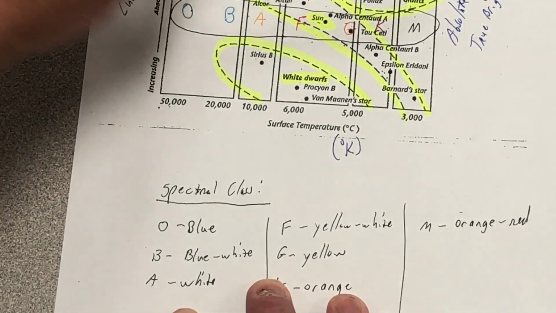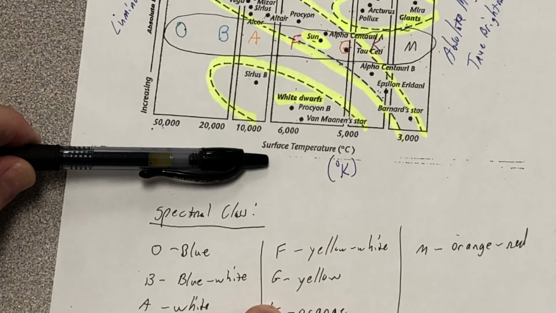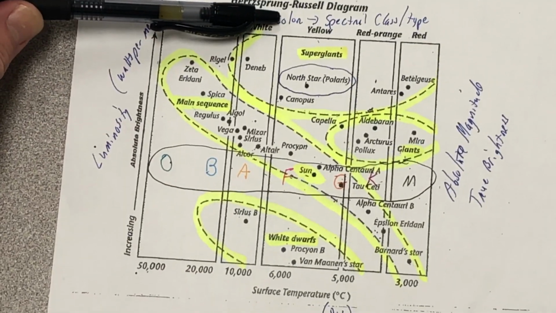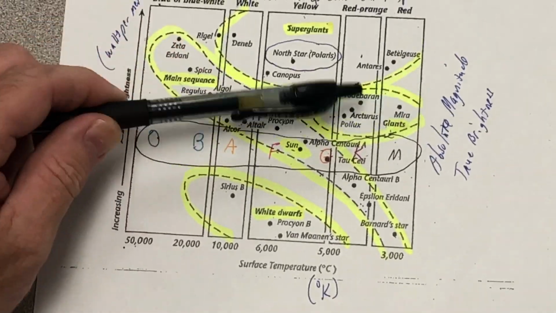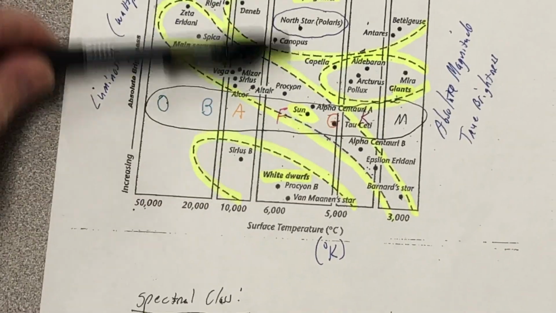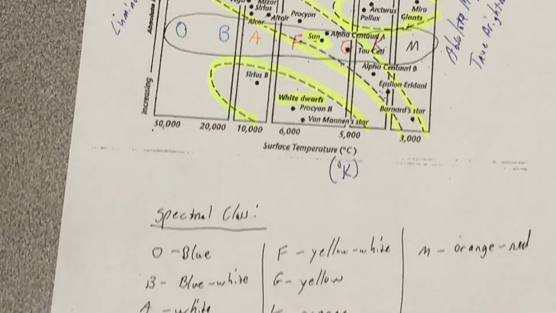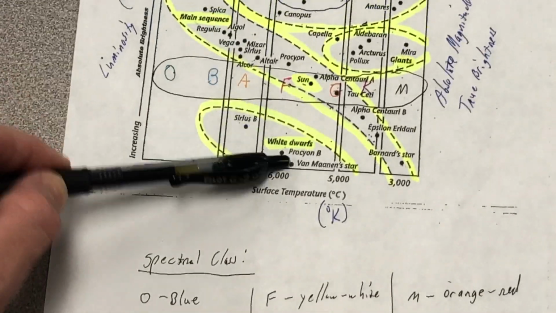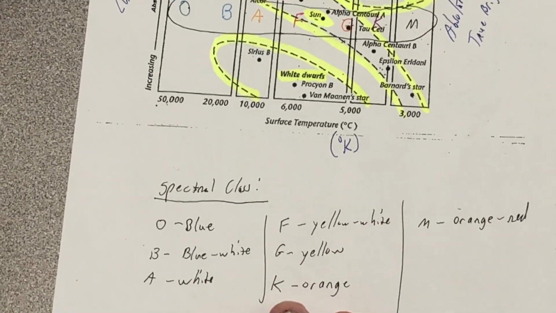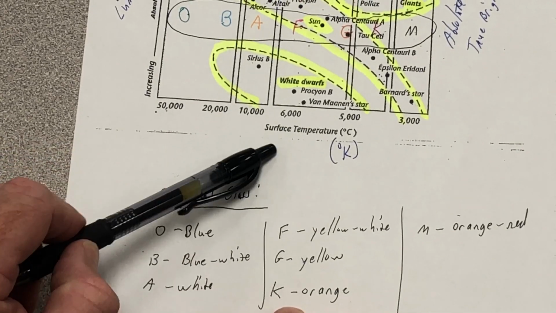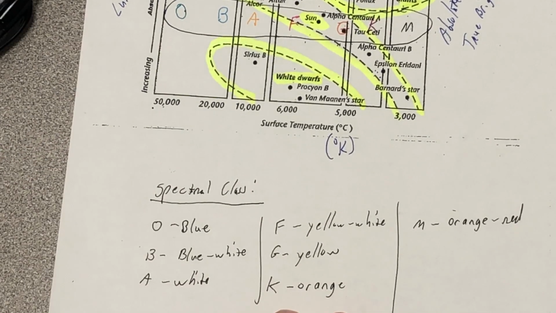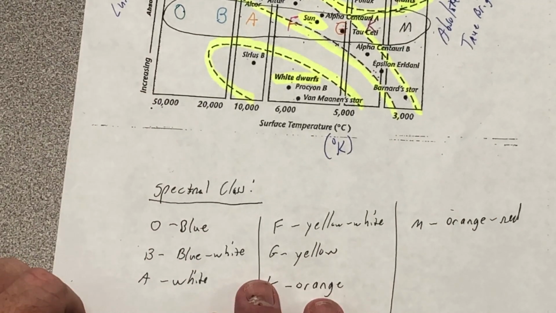Just find where everything is, whether it's surface temperature, luminosity or absolute brightness, color, spectral class, or your absolute magnitude, and then just work across or up and down depending upon what you're looking for. And your sizes of stars, those classifications are in the diagram themselves, okay? I always tell people, the first thing you need to figure out is what your surface temperature is measured in. Is it Kelvin or Celsius? Once you do that, everything else is pretty self-explanatory.